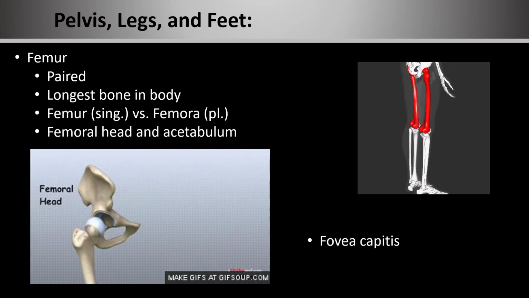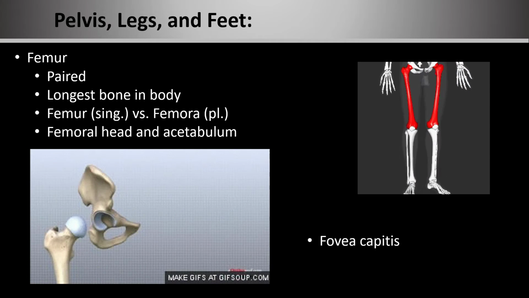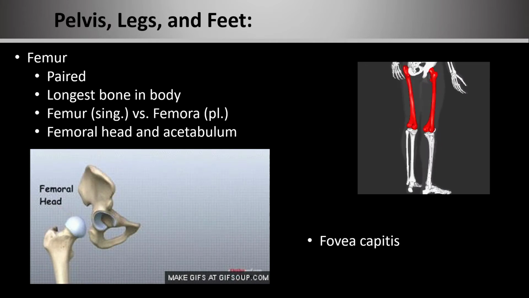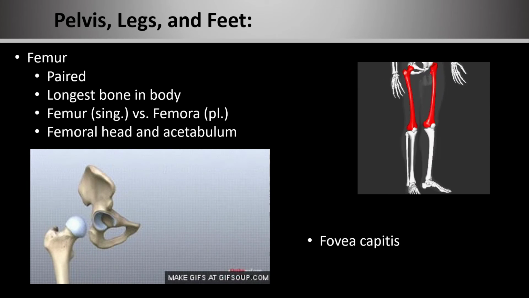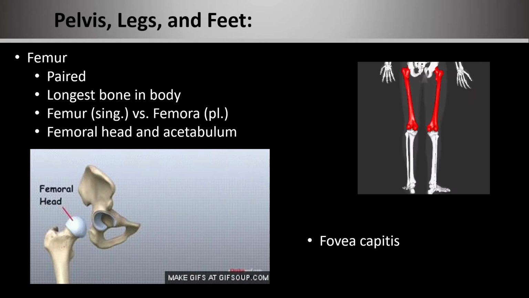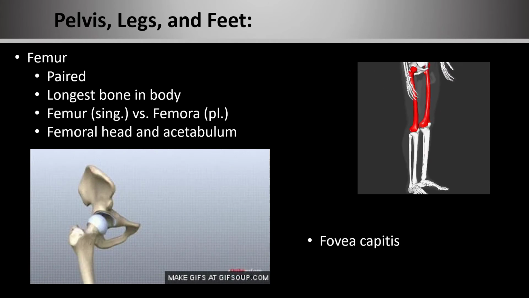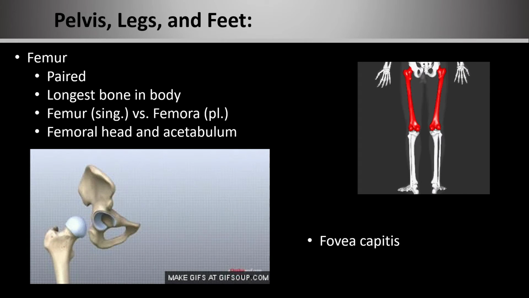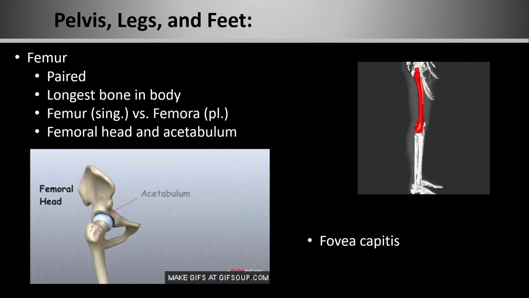The fovea capitis is this divot inside on the femoral head. This is actually the attachment point for the ligamentum teres. It holds your leg in its socket. It's essentially the spot that holds your leg in from dislocating from the acetabulum. So that fovea capitis is that feature on the femoral head.